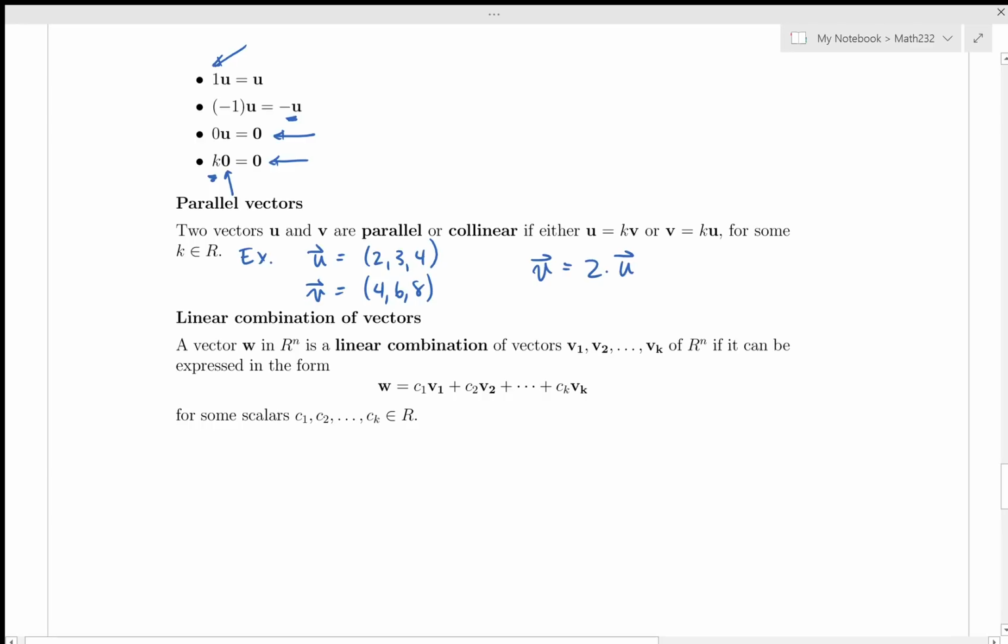So we use the word parallel and the word collinear interchangeably, so you may hear either one. If I can find a value k, a real number, such that u equals kv or v equals ku, then I can tell you immediately that these vectors are parallel.